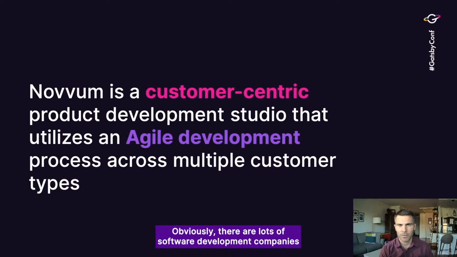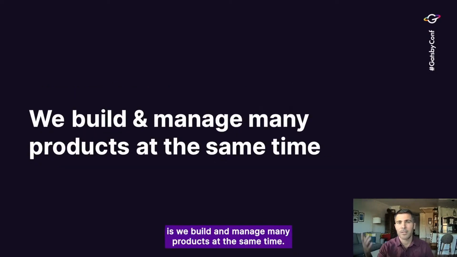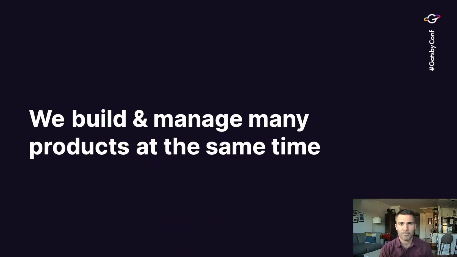Obviously, there are lots of software development companies that use agile, so we're not unique there. However, I just want you to have that frame of reference so that you understand our thought process and mentality as we go through what our development process is. So at the end of the day, what this really means is we build and manage many products at the same time.